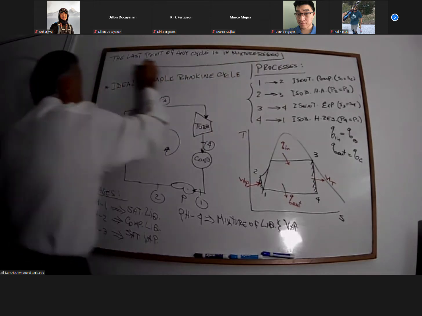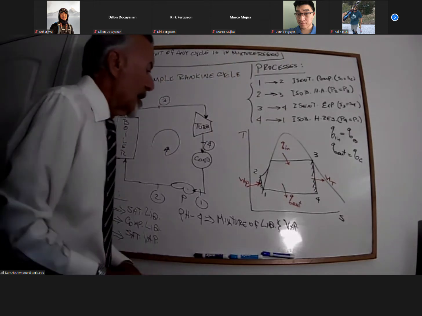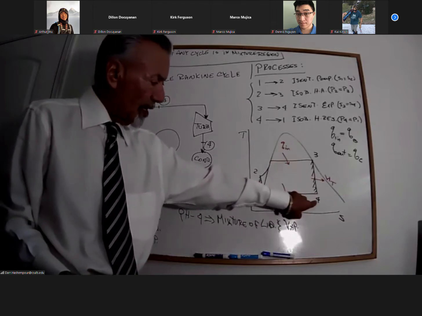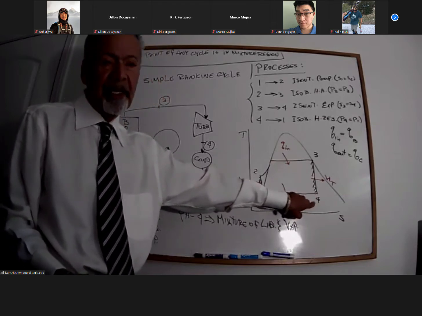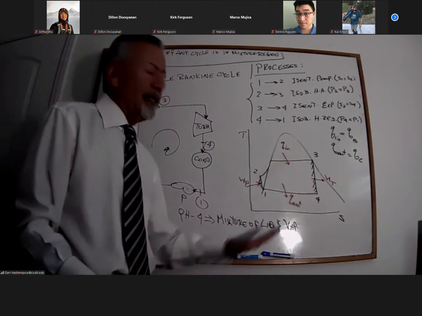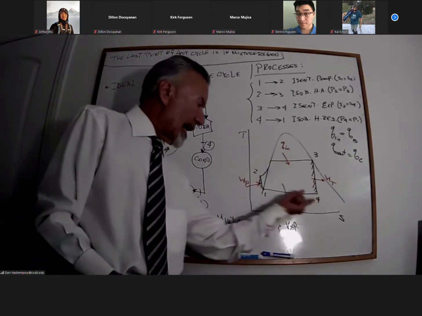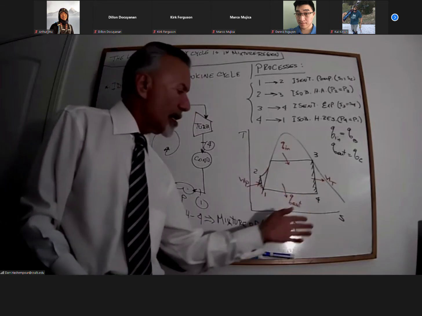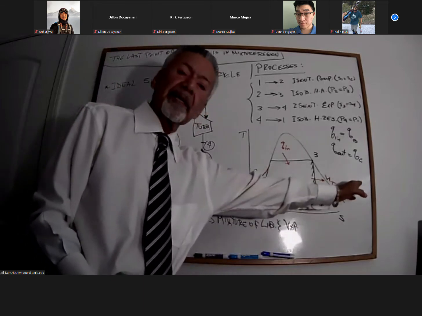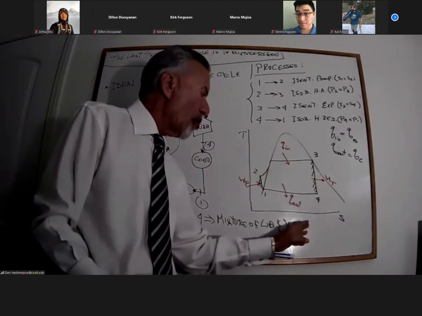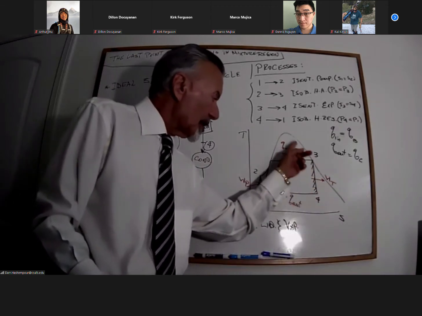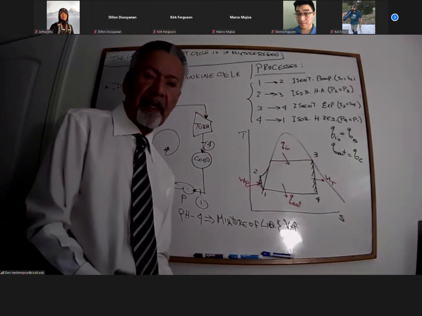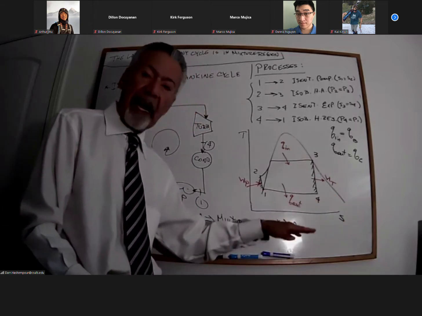There are no ifs or buts, no exceptions. In this case, we have 4 points. The last point is 4, and as you can see, it is in the mixture. There is no way that the last point of any cycle that you develop will be outside in a superheated region, or will be located on this curve for a saturated vapor. Never, ever going to happen.